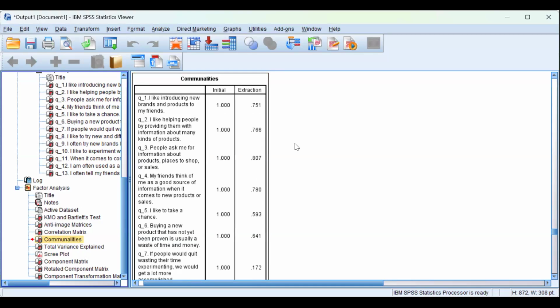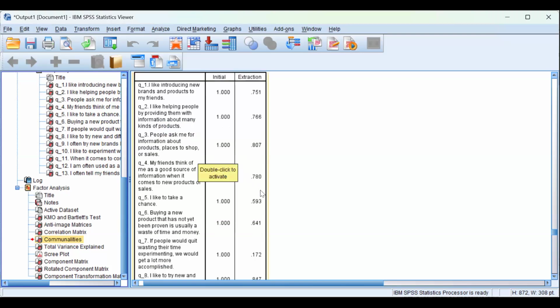So what kind of variance Q1 explains in the factor F1? What kind of variance Q2 explains in the factor F1 if it is a part of F1? So what kind of variance an item is explaining in that particular factor.